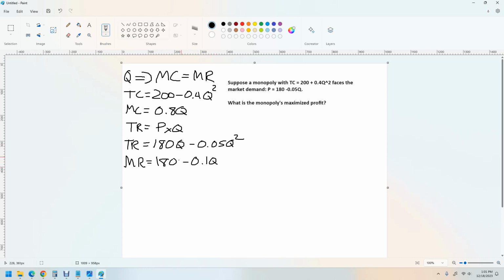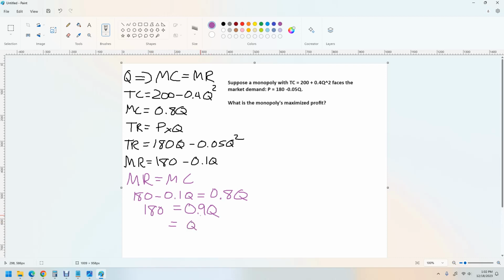Okay, now we've got marginal revenue and marginal cost. Let's change up the color. MR equals MC. So it's 180 minus 0.1 Q, and then set that equal to 0.8 Q, and then solve for Q. So we get 0.9 Q equals 180.